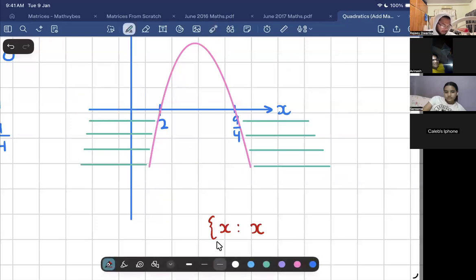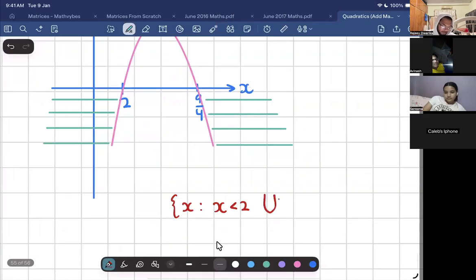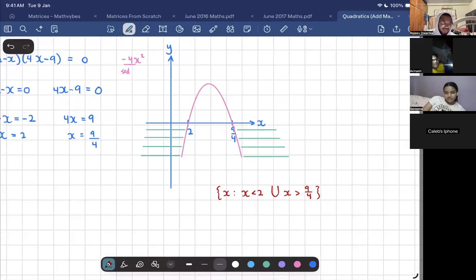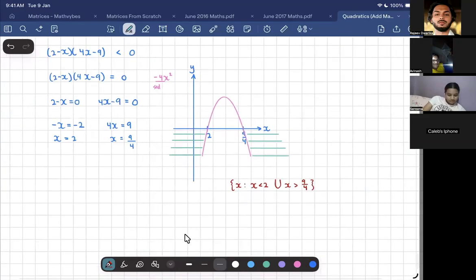Right, so you'll say x is less than 2, union x is what? More than 9 over 4. Avinash, you have potential, you know. I don't want to see it wasted. You have to lock in.